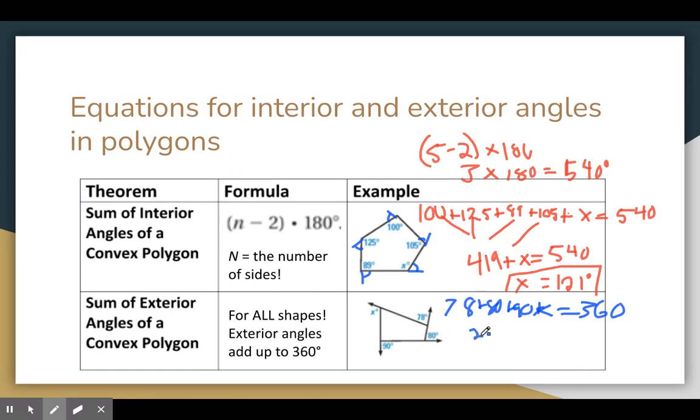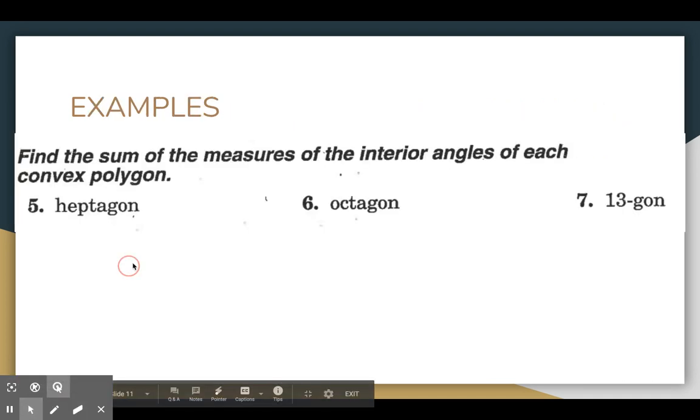So that means 248 plus x equals 360. We subtract 248 from 360, and we get that x is equal to 112 degrees. So we would know that this one is 112. Okay, so these are your two formulas. I guess this one's not really a formula. It's something that you should know, that all exterior angles add up to 360 degrees.